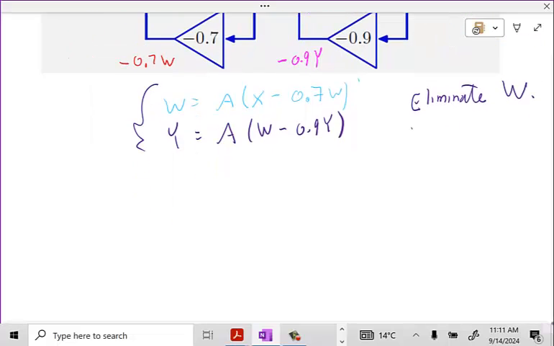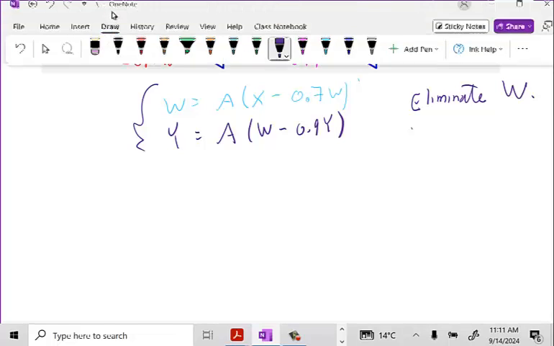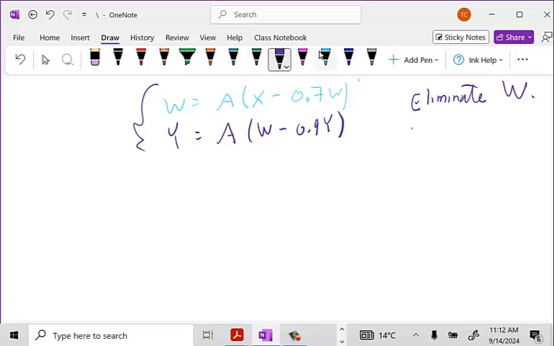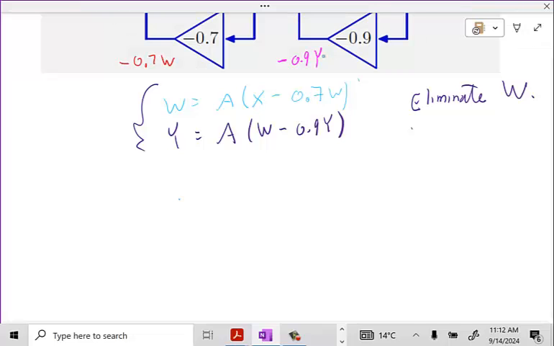We can solve the first one for W, and we can solve the second one for Y. And when we do that, we'll see something that we've talked about before. If I solve the first one for W, I bring the W's to the other side, W plus 0.7AW equals AX.